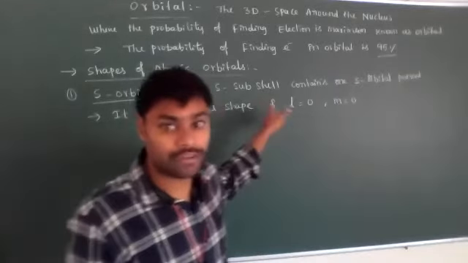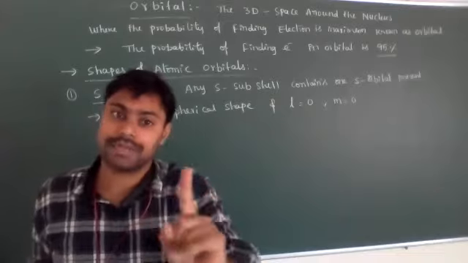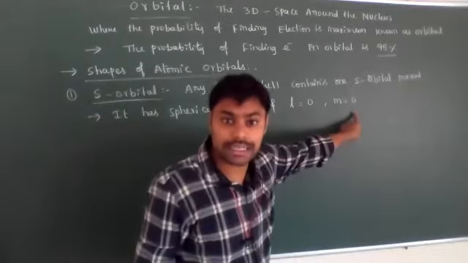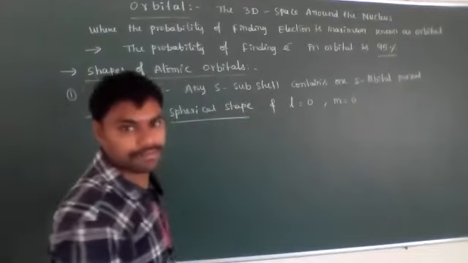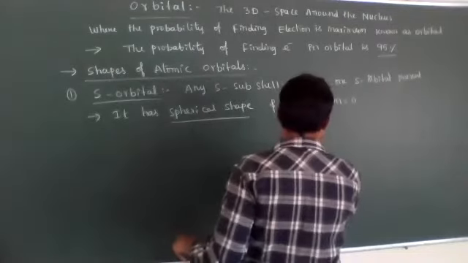What is the m value for s orbitals? Only one m value is present, that is 0. What is the shape of s orbital? Spherical shape.